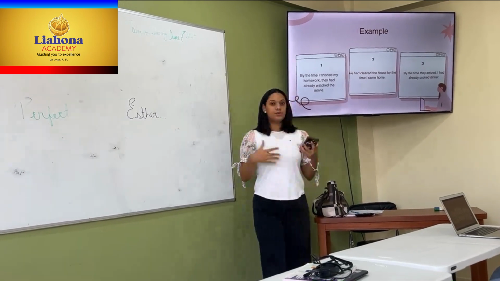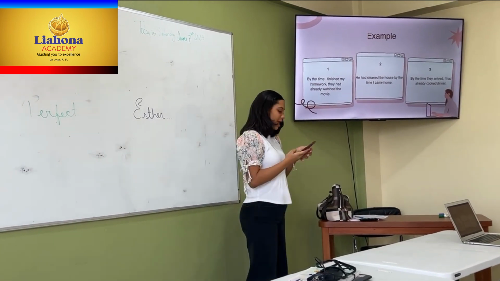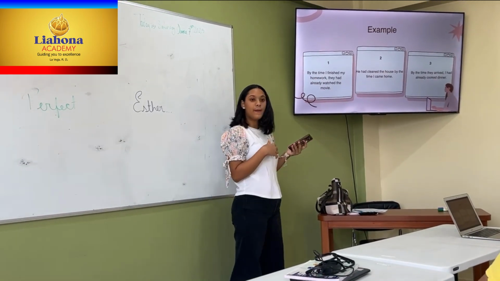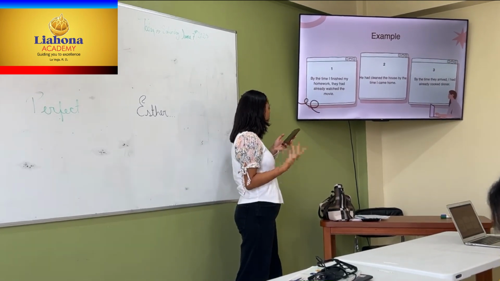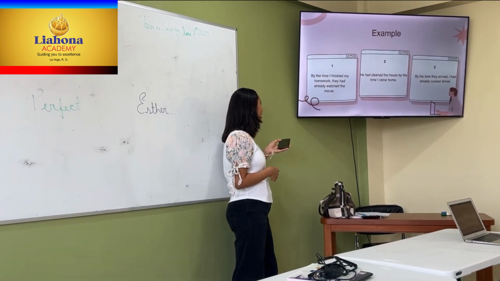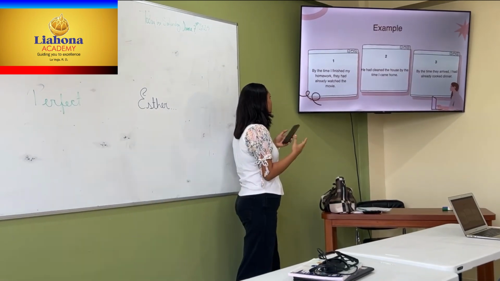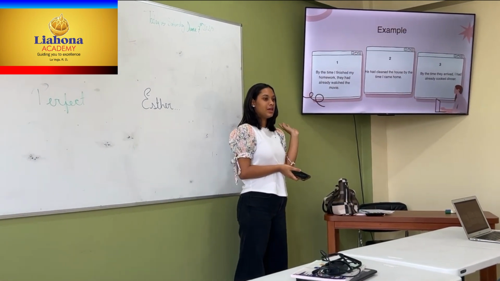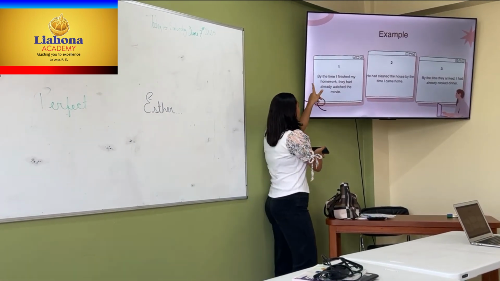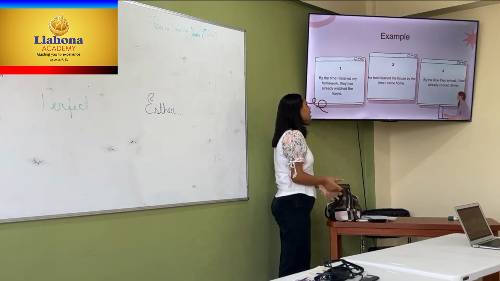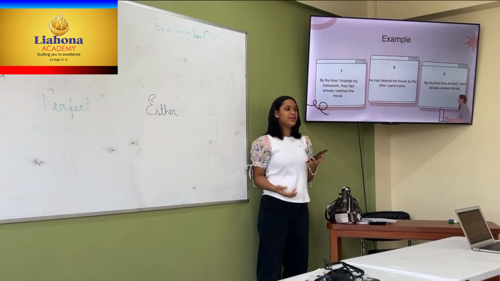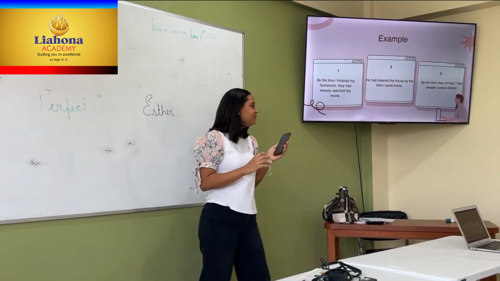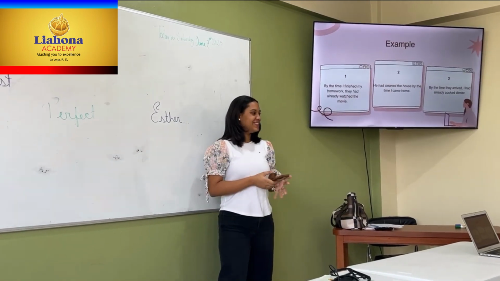We can see some time markers. The time markers are words or phrases that indicate the moment when the past action happened. We can see by the time, already, and we have some others like before, yesterday, and so on.